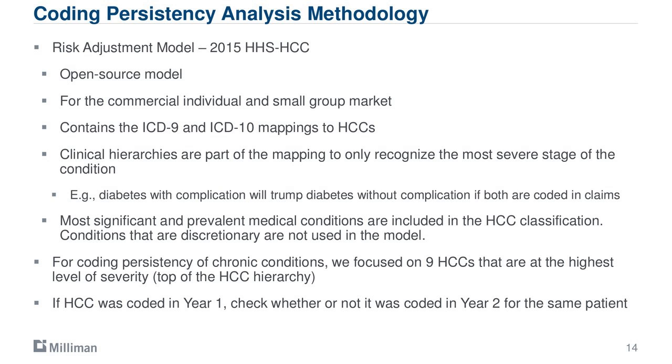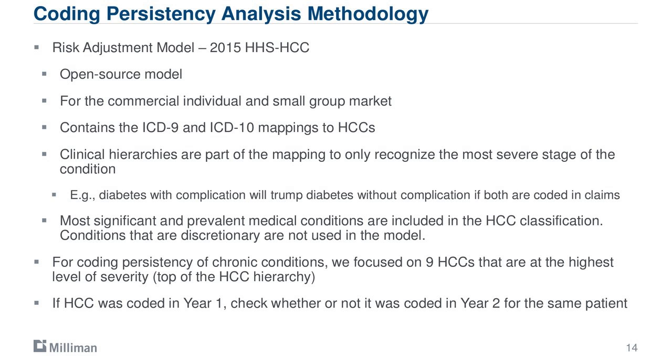Not knowing the actual reason, at least we know there's a gap, and it will certainly have a material impact on the calculation of the second year's risk scores. So it's important to understand how prevalent these persistency issues are and what they do to the risk scores.